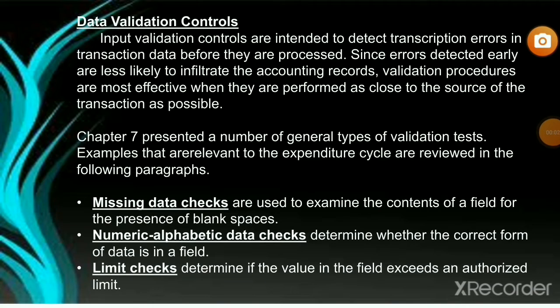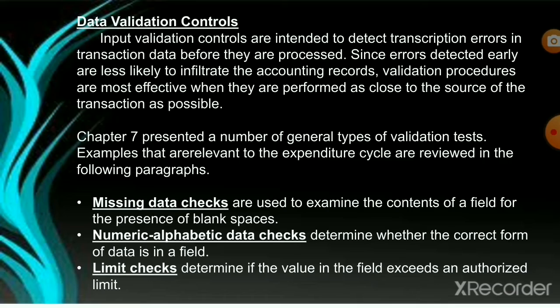Chapter 7 presented a number of general types of validation tests. Examples that are relevant to the expenditure cycle are reviewed in the following paragraphs. So first, missing data checks. These are used to examine the content of a field for the presence of blank spaces.